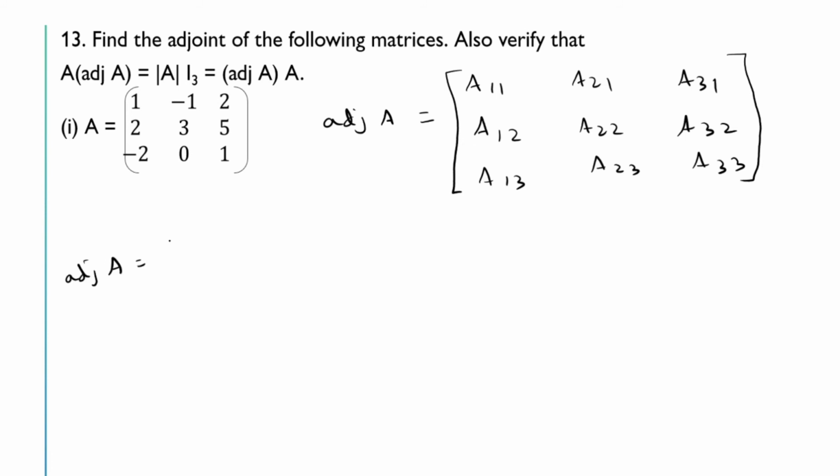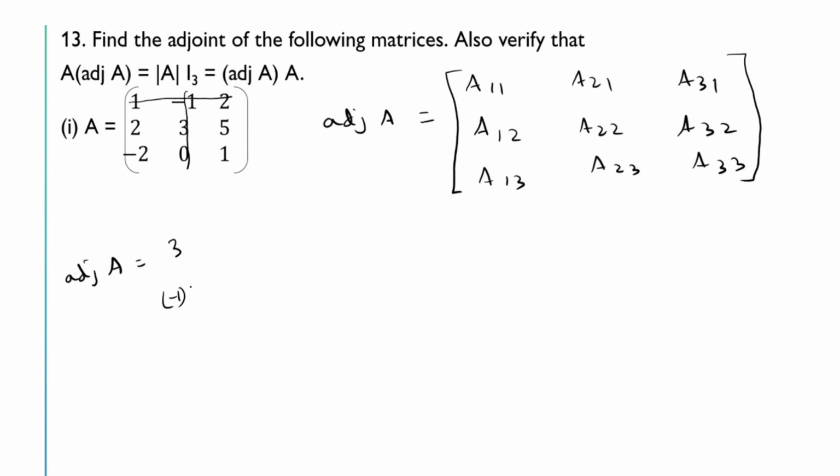So adjoint of A is equal to, if it is A11, then it is minus 1 the whole squared, so it is plus 1. Removing the first row and the first column, we take the determinant, 3. Then A12 is removing the first row and the second column. We have to take the determinant with the negative sign.